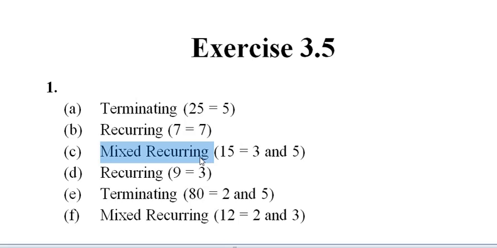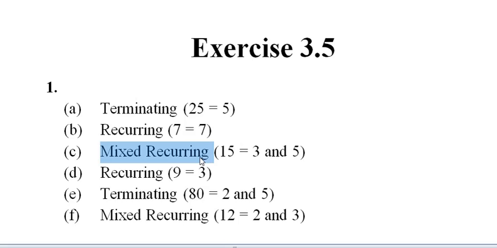Now remember this, the factors 2 and 5 are the main key, whether it be only 2 or only 5, it's going to be a terminating number. If both 2 and 5 are there, also again it is a terminating decimal number.